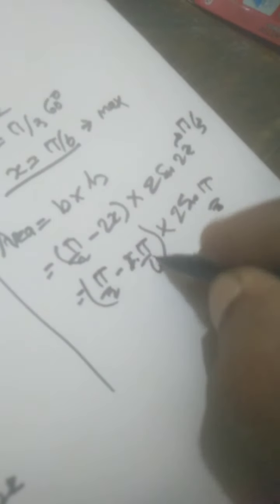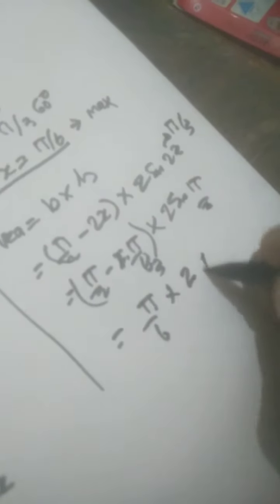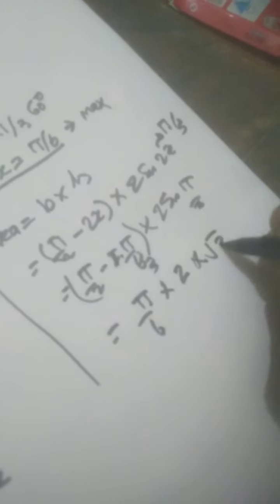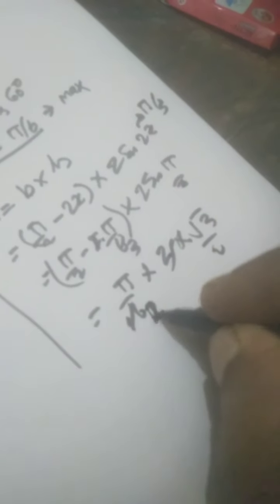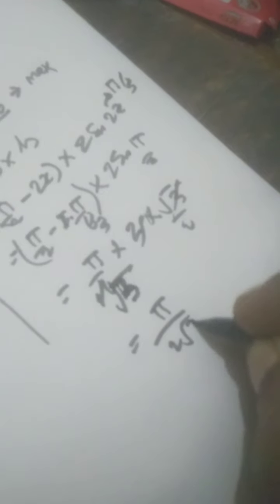Sine pi by 3 is root 3 by 2, so 2 times it is root 3, and so the area is pi by 6 into root 3, that is pi root 3 by 6. This is the area of the rectangle with maximum perimeter.